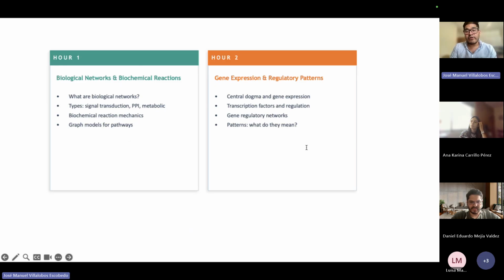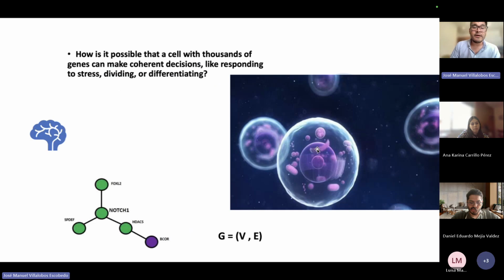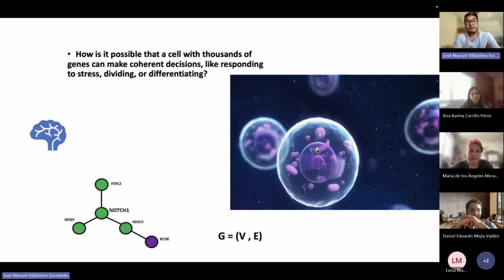And in the last part, we will talk about gene expression and the networks that we can get from gene regulatory networks. So we will see some examples, and we will see a little bit of the equations related to this kind of network.